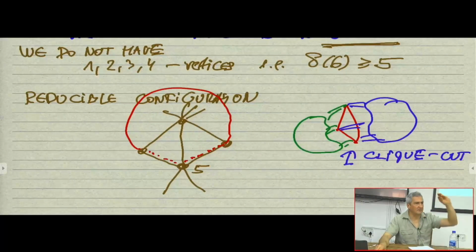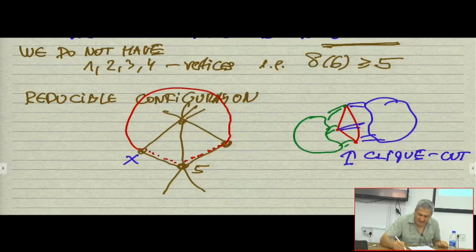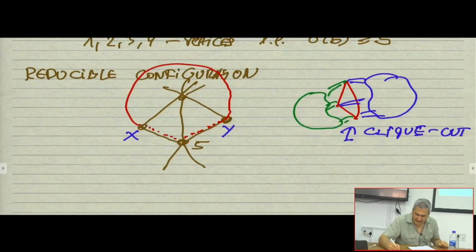Clique cut. It means a set of vertices which form a clique, and when I remove them, the graph splits into 2 or more parts. And what we proved yesterday, a critical graph doesn't have a clique cut. So I don't have such a thing. So this means these vertices x and y are not adjacent.